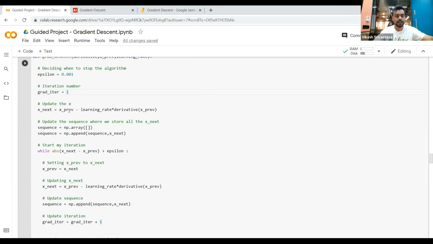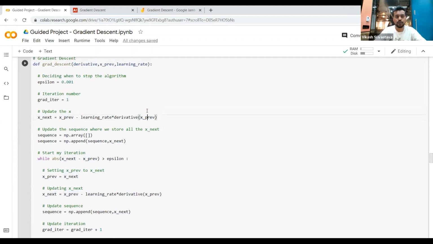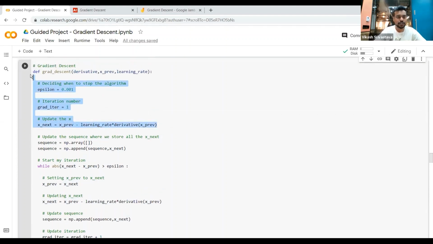Okay, let's move ahead. Now we need to update the x's. How do we update? This is the gradient descent update equation that we have learned earlier. So x next is equal to x prev minus the learning rate times the derivative evaluated at x prev, right? So this is what we have here. Any confusion till this point, guys?